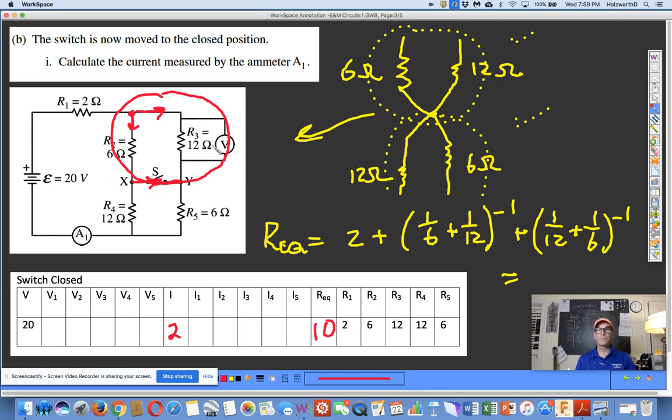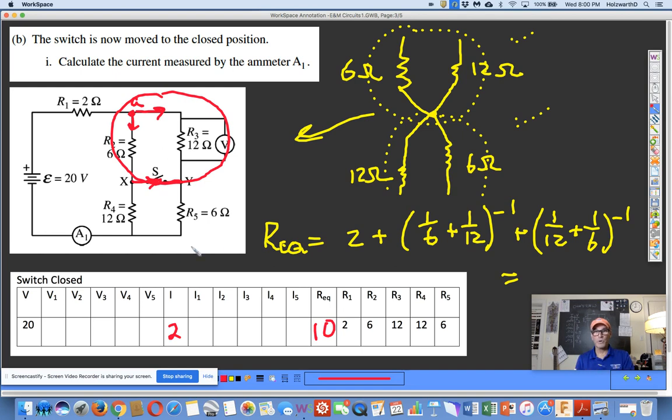Now, we could use Ohm's law and figure out what the voltage drop across the 6 ohm is, and knowing that, you can find the current. But I'm going to propose this method. In my mind, I will take this current that reaches that junction here, let's call it junction A, and it's going to split proportionally.